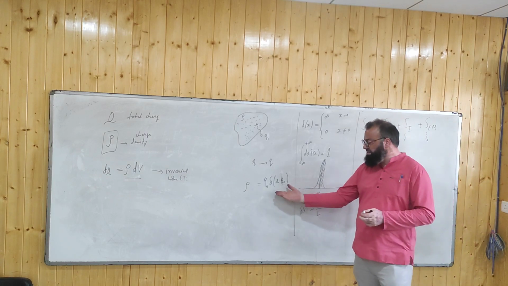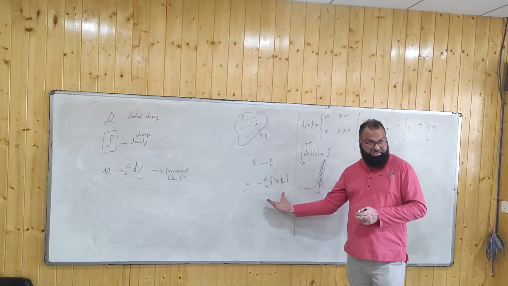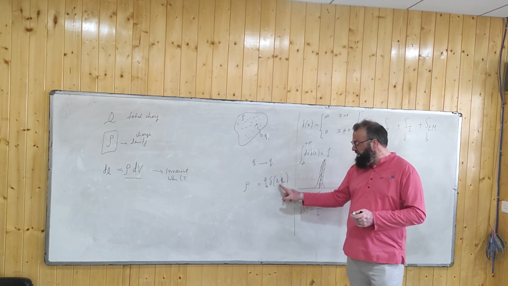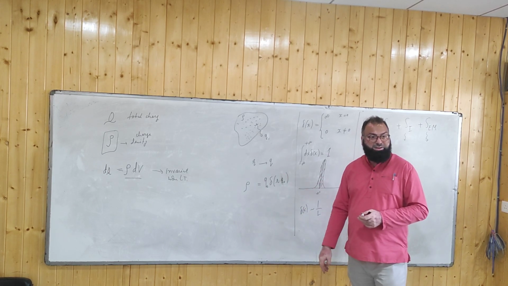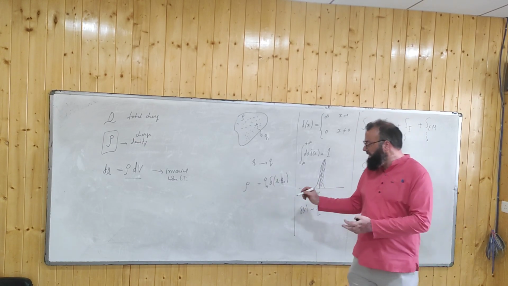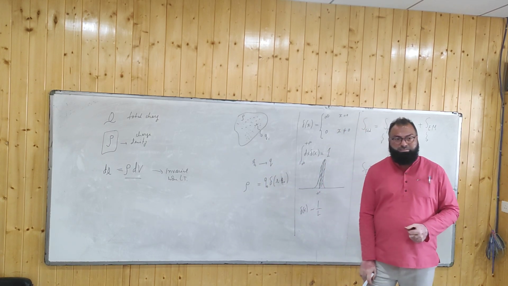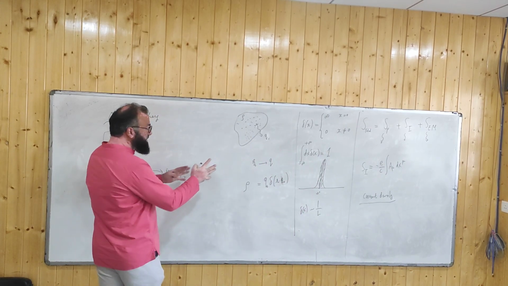If you multiply it by the three-dimensional Dirac delta function, it will give you the volume charge density. So the charge is located where? When r is equal to r naught, you will have a charge there. For r not equal to r naught, you don't have a charge, because we have assumed the charge to be at some point r naught. Clear?